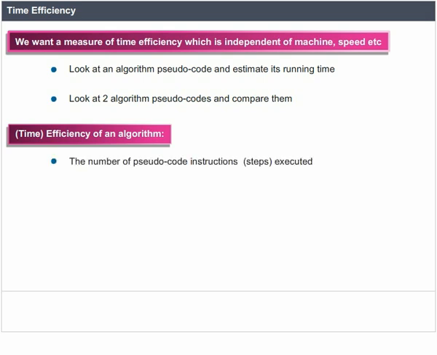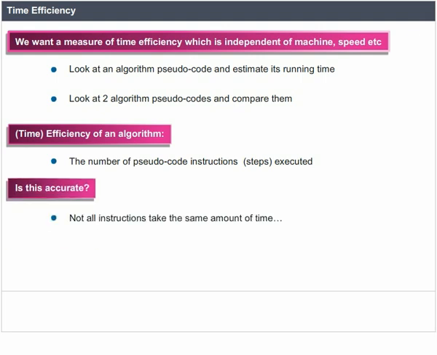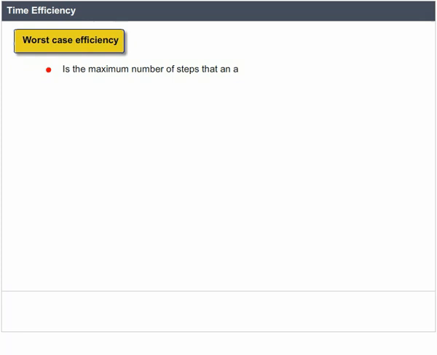Is this accurate? Not all instructions take the same amount of time, but it is a good approximation of running time in most cases. Time efficiency. Worst case efficiency is the maximum number of steps that an algorithm can take for any input data values.